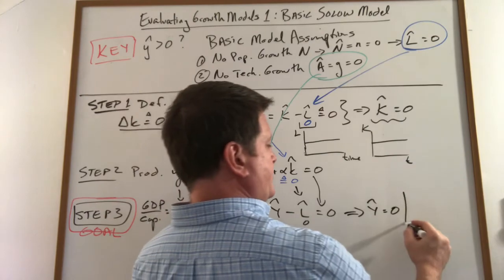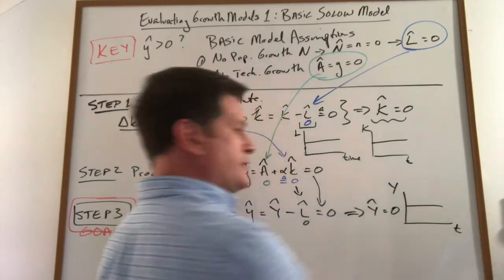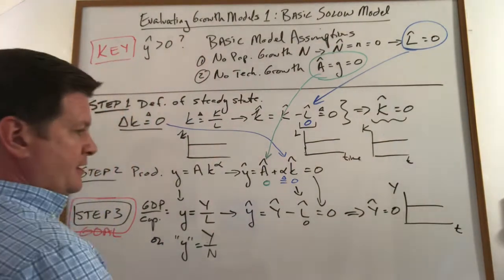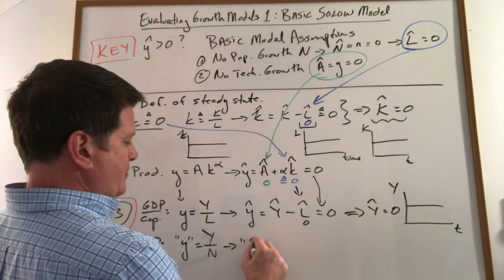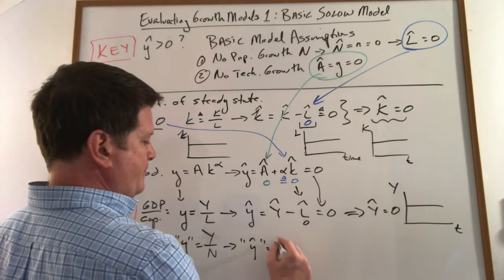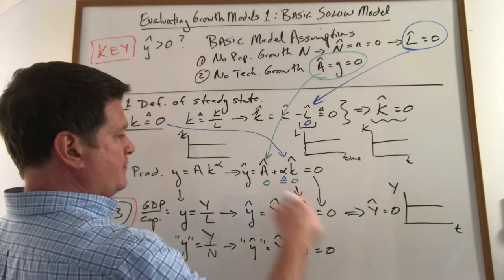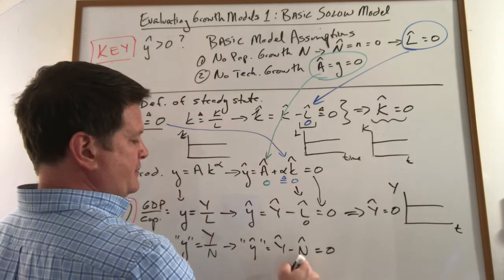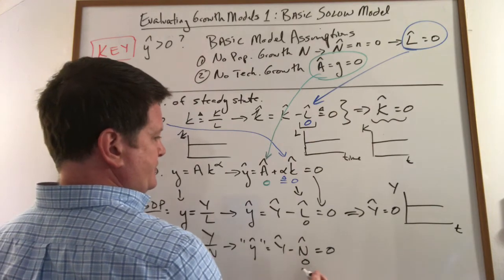So this means, if I were to draw a time path for y, it would look like this. I could do the same here, by the way. This is 0. We got that from here. This is 0 from the initial assumption, and so this has to be 0 too.